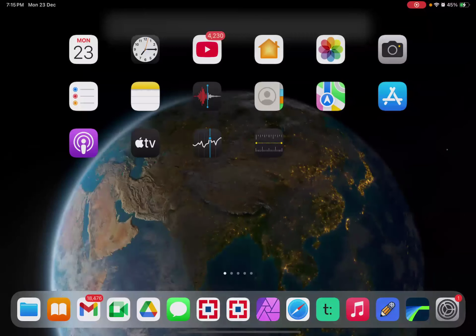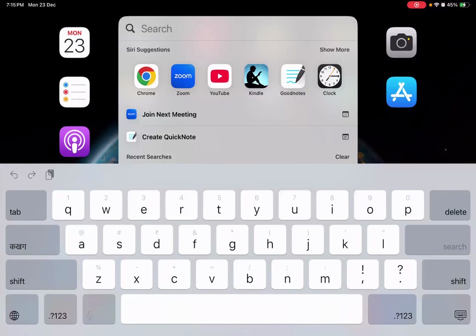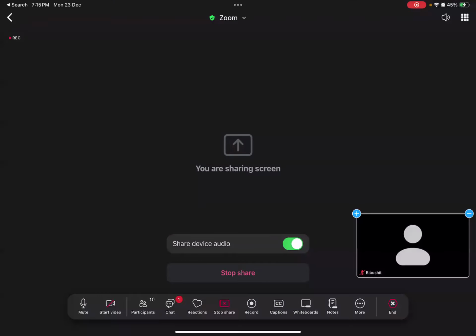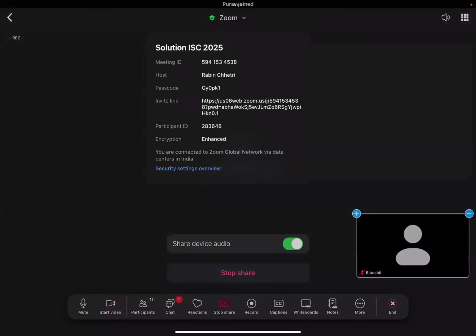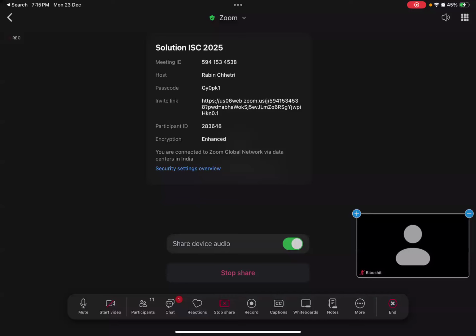In one of my phones, I'll also join to see how things are going on. Let me go to Zoom. Join a meeting. Meeting ID is 594-594-153-4538. Join. Then meeting passcode is capital G Y 0 PK 1.